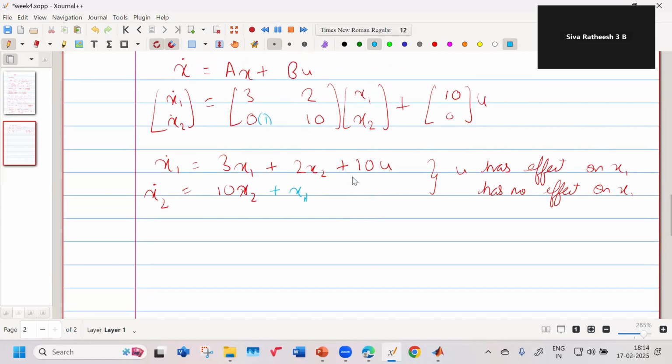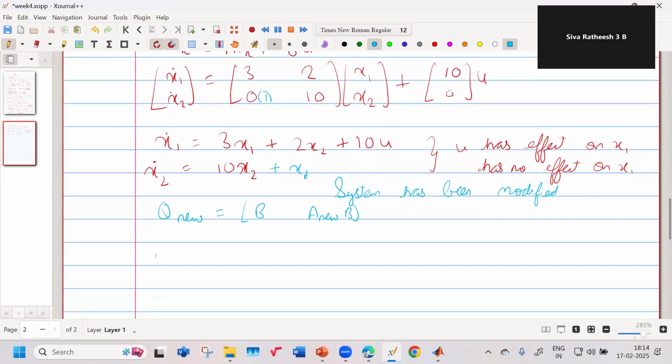So let us quickly see how it would be controllable. Now the new controllability matrix for the new system. The system has been modified, so I will find a new controllability matrix. So Q new is B, A new into B, because B remains the same, but only A has been changed.